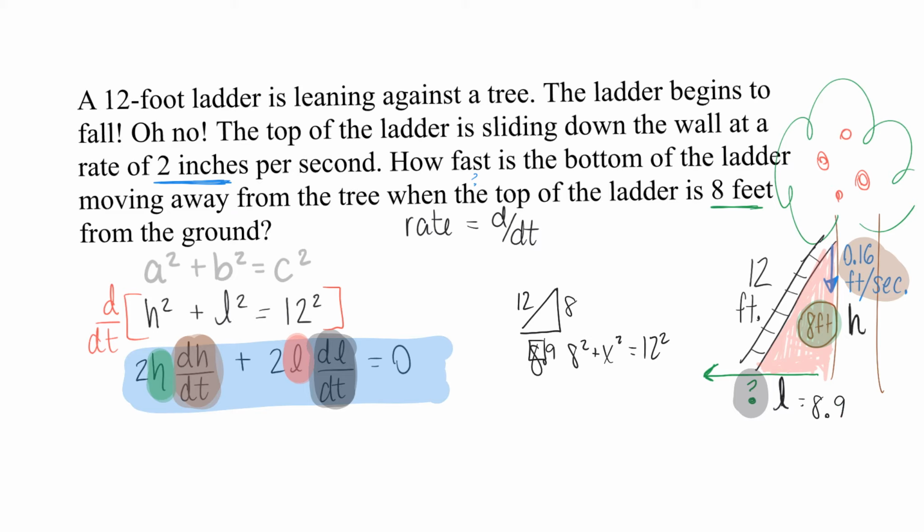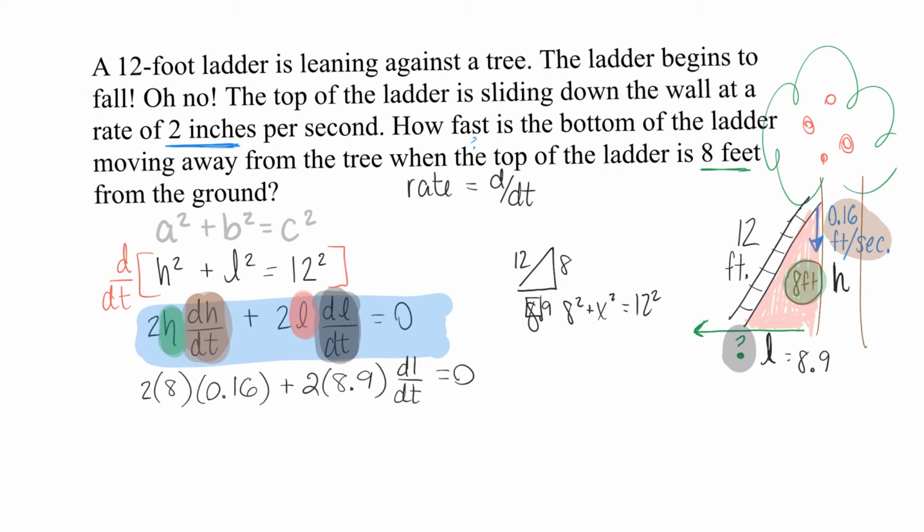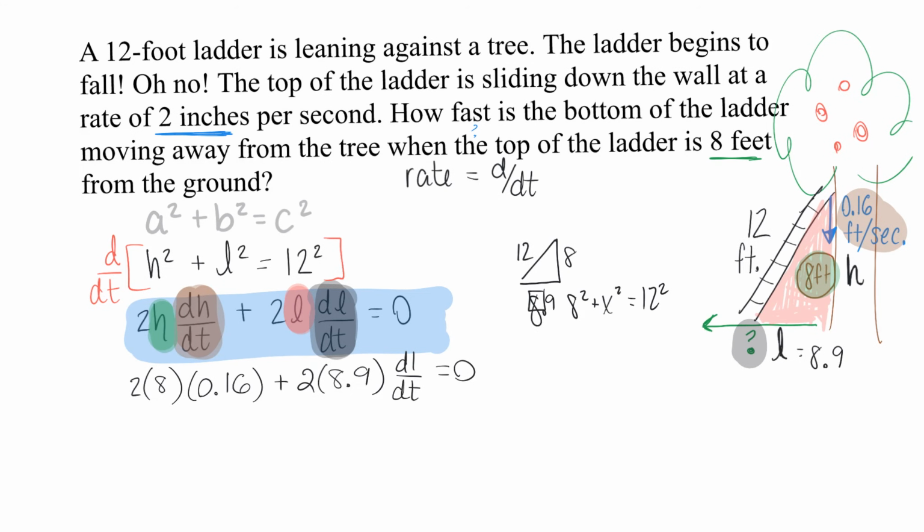So I can plug all this in. I can say 2 times my height, which is 8, times dh dt, which is 0.16, plus 2 times my length, which I just figured out is 8.9, times dl dt, which is what I'm looking for, equals 0.